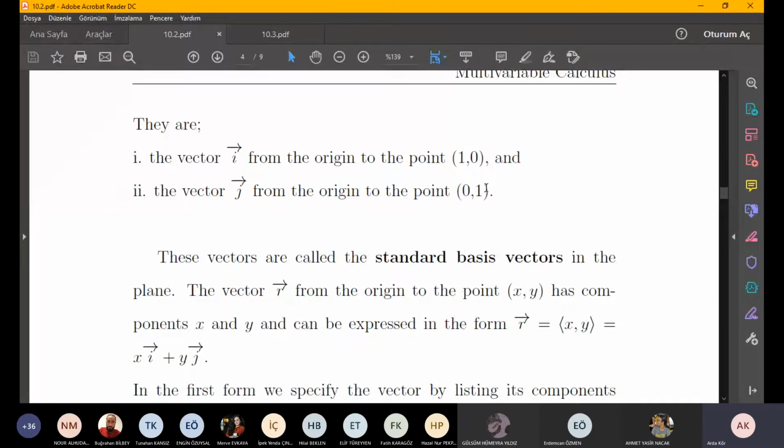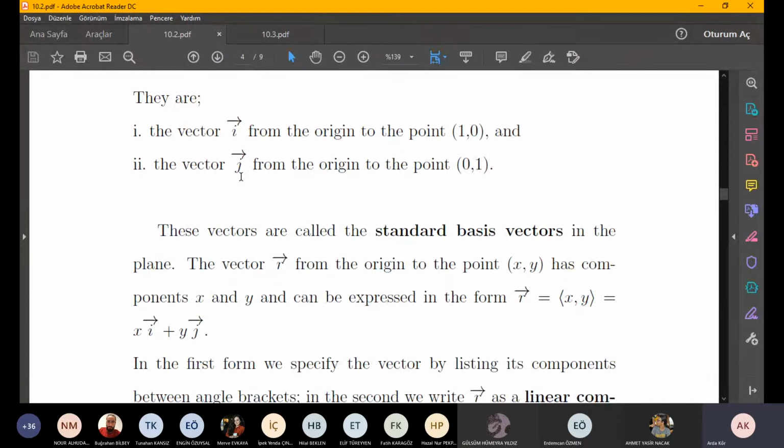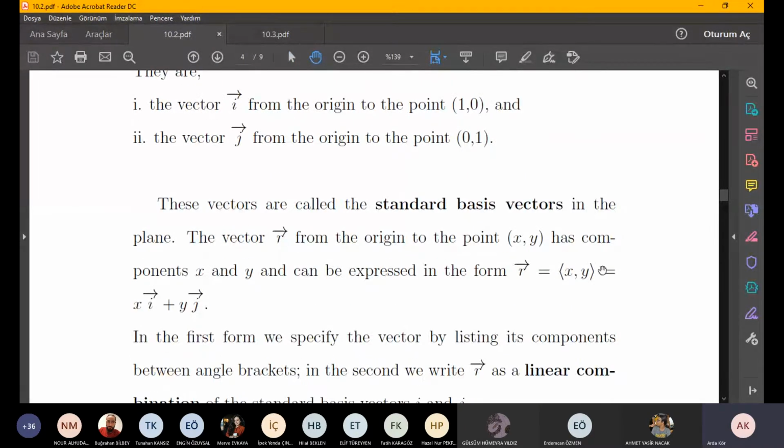So that means you can express the vector i with vector parentheses, with components 1 and 0, and j by 0 and 1. Like we said, we will call them standard basis vectors in the two-dimensional space.